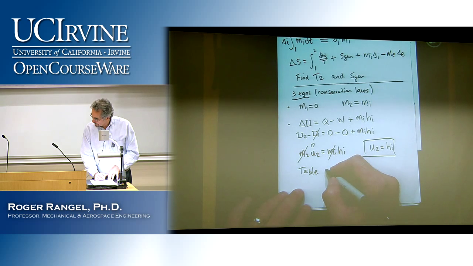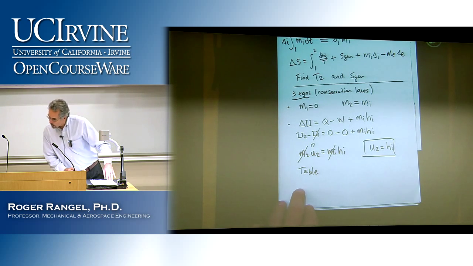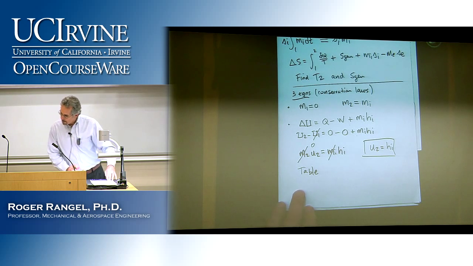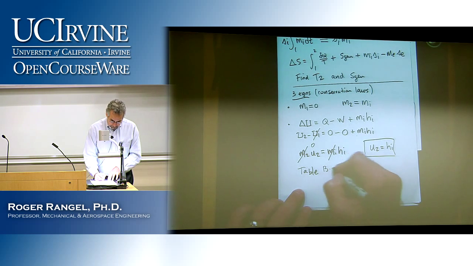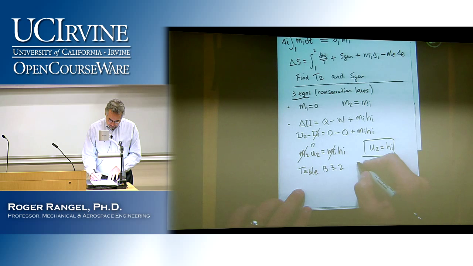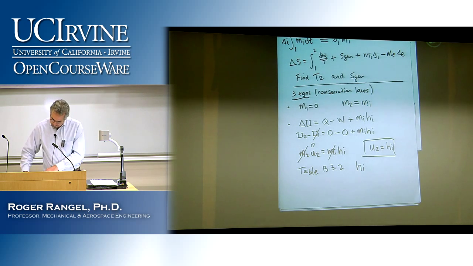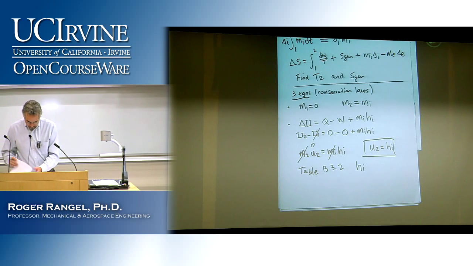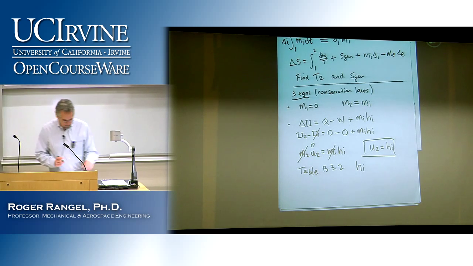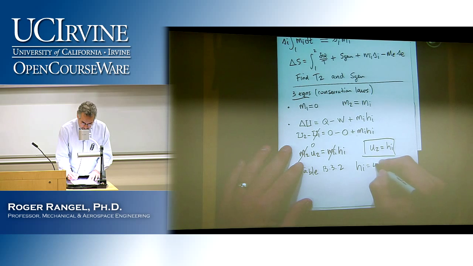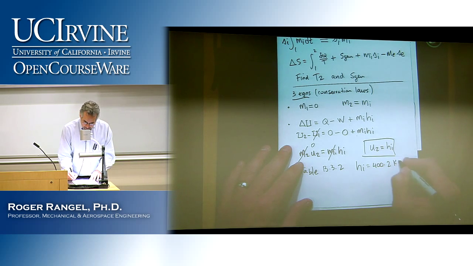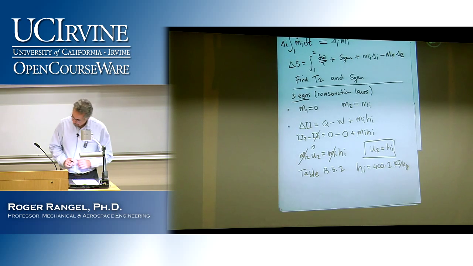In B3.2, I read my h sub i. If I read that number, it is 400.2 kilojoules per kilogram.